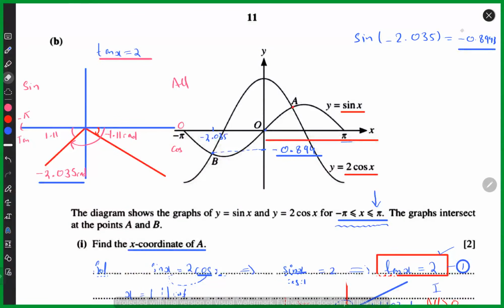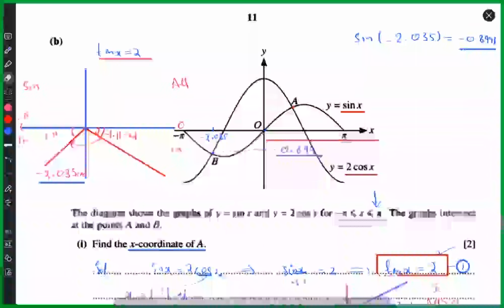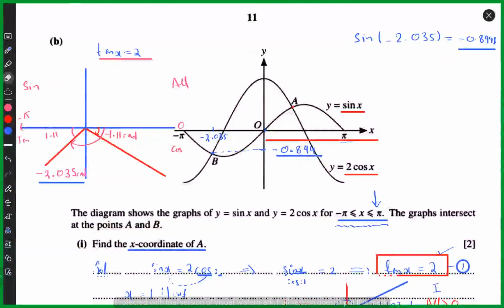Even the calculator would give you a negative value. Miss, the coordinate of A is going to be 1.017 and the coordinate of B is negative 2.035. Basically, for A we were supposed to find the x coordinate, and for B it is the y coordinate. That is the difference.